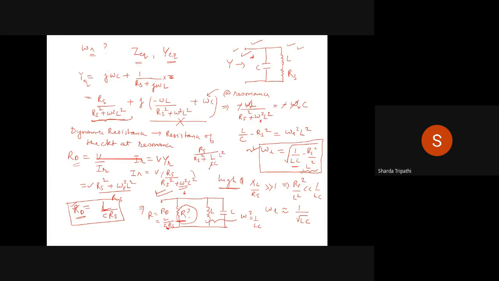So this and this will get cancelled. This will be Rs into C divided by Rs square into C plus L, right?